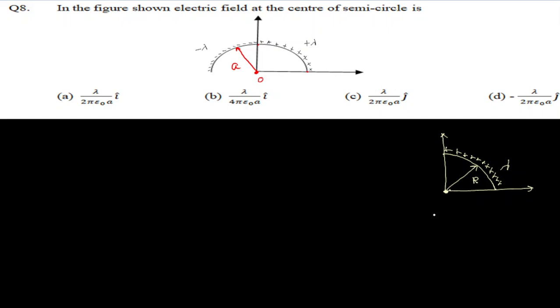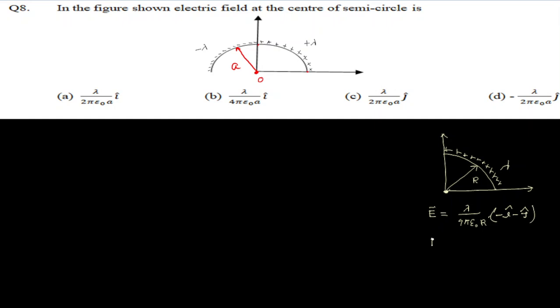It will be lambda divided by 4 pi epsilon naught r, and then minus i cap minus j cap.